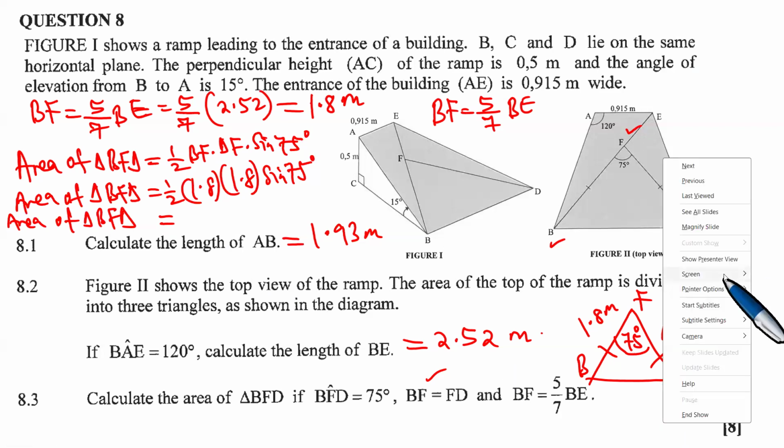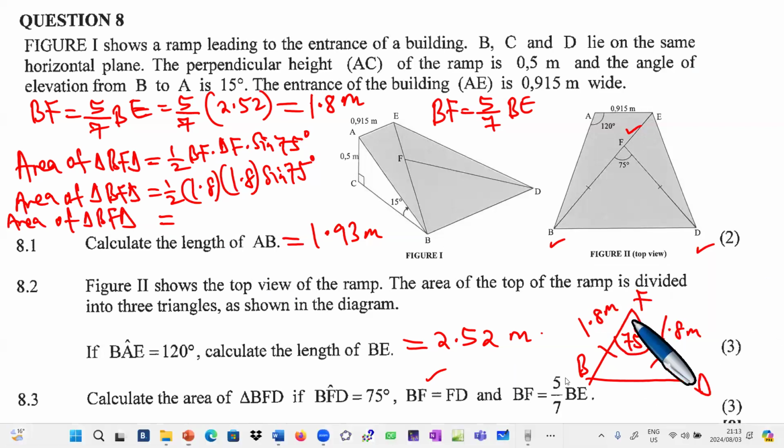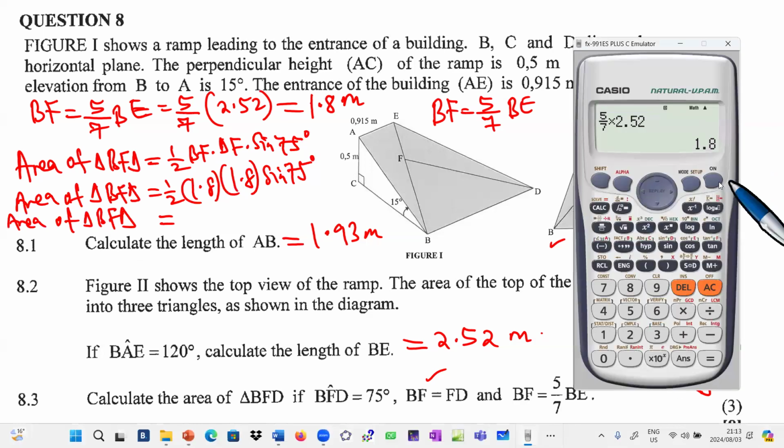Right, so what is it? This is then the same as 0.5, because the 1/2 is the same as 0.5. We multiply it by 1.8, we multiply it by 1.8, we multiply it by the sine of 75. And this is 1.56.